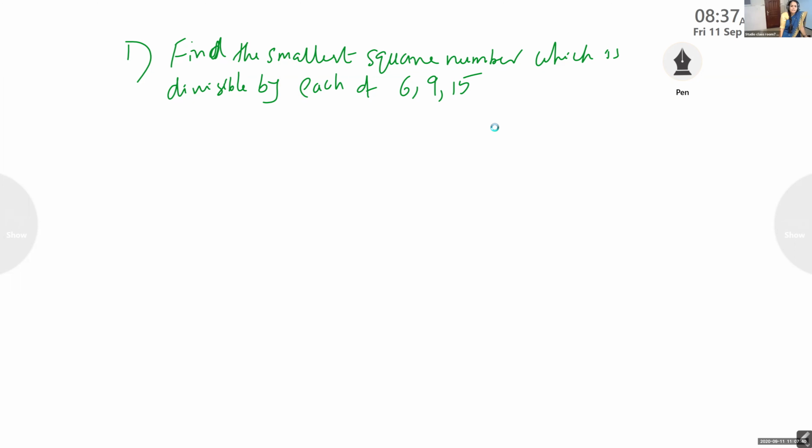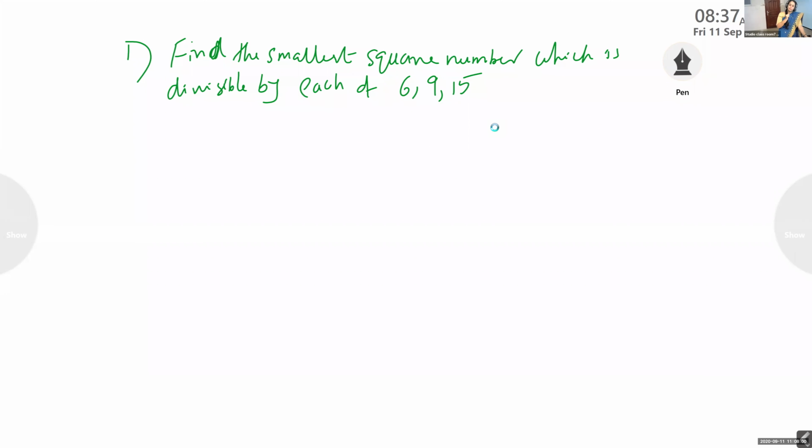It is the LCM. LCM is the smallest number, but it is the least common multiple, isn't it? So it is the smallest number divisible by a given set of numbers. But this question is not find LCM. This question is find the least square number.